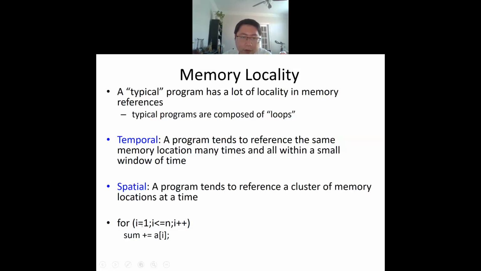You change the index from 1 to n, and in each cycle, you increase the index by 1. So in adjacent clock cycles, we process the data in a sequential fashion. So you are accessing the data in adjacent locations. This is spatial locality of the data.